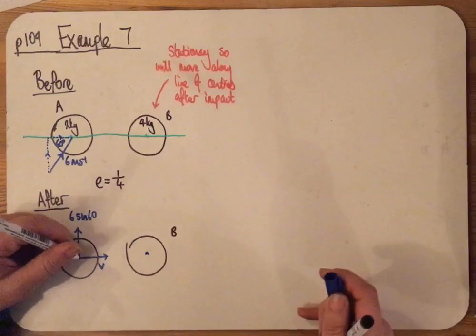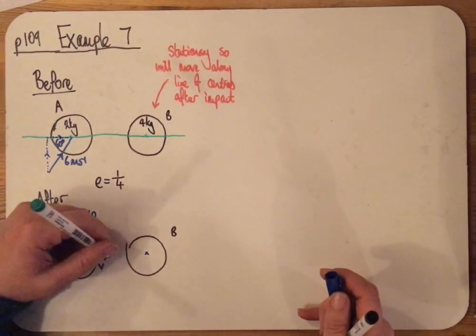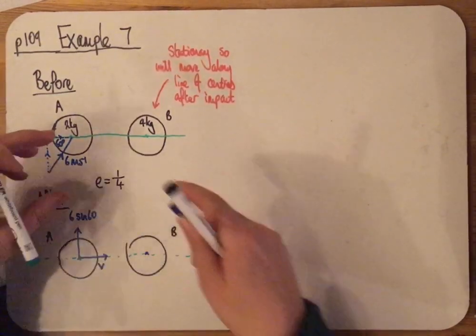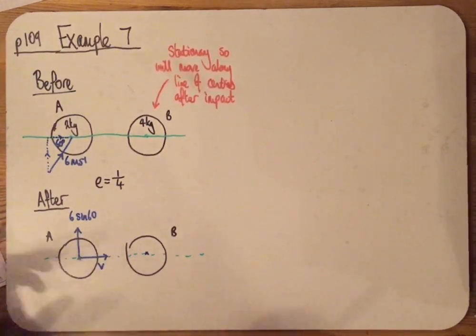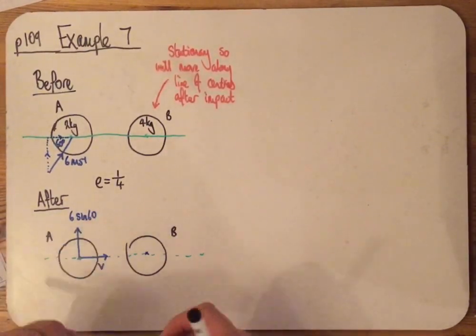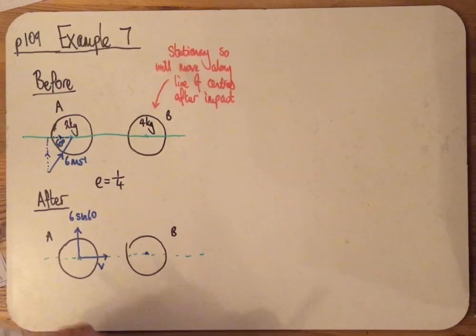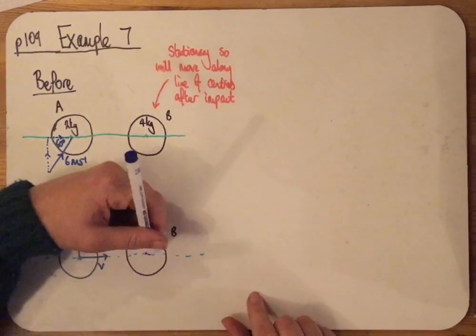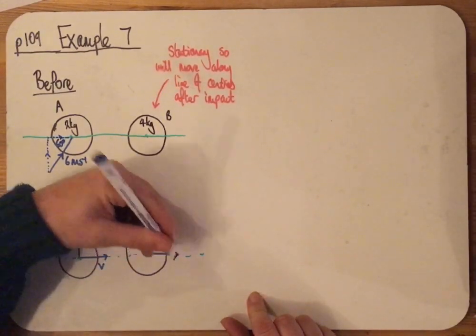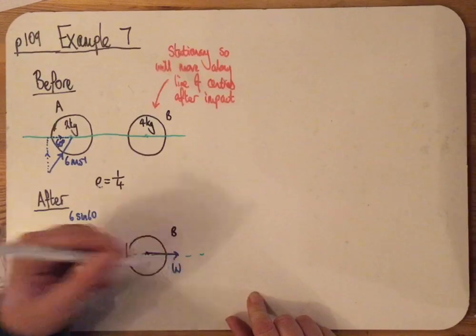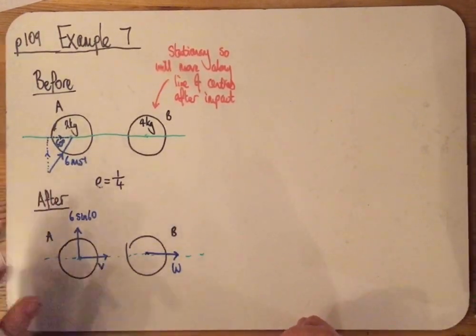So again, we've got this line of centres that's running through here. So we're looking at just before, just after impact, but I would draw them as being separated out, I think. It seems to come out better that way. So call things what you want, but I think we've pretty much been using V and W for these. And we also need to think about having a positive, negative direction.